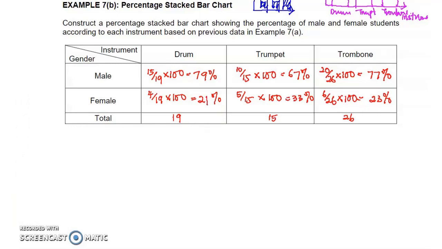Okay, so for a percentage bar chart, total must be 100%. Okay, so you use a scale of, let's say this one, I use a scale of 20. If you want to use a scale of 10 also, no problem. This one I got limited space, so I use a scale of 20. So here will be number of students, instrument.